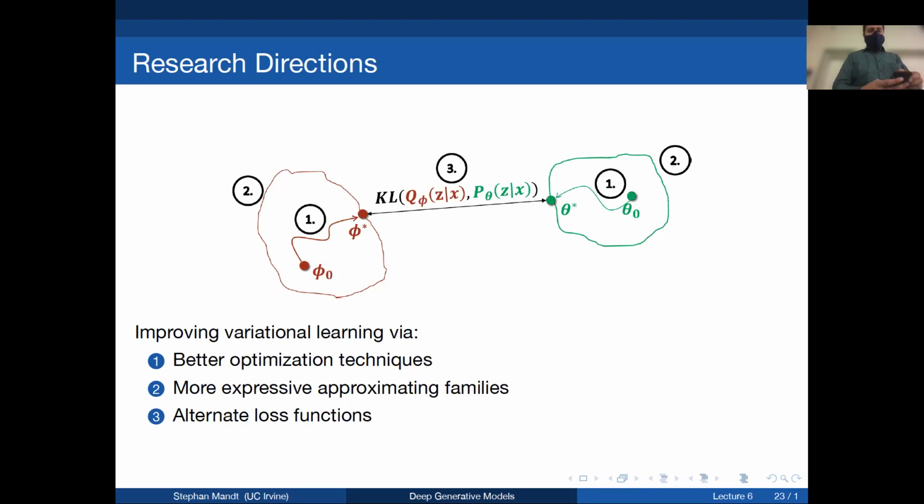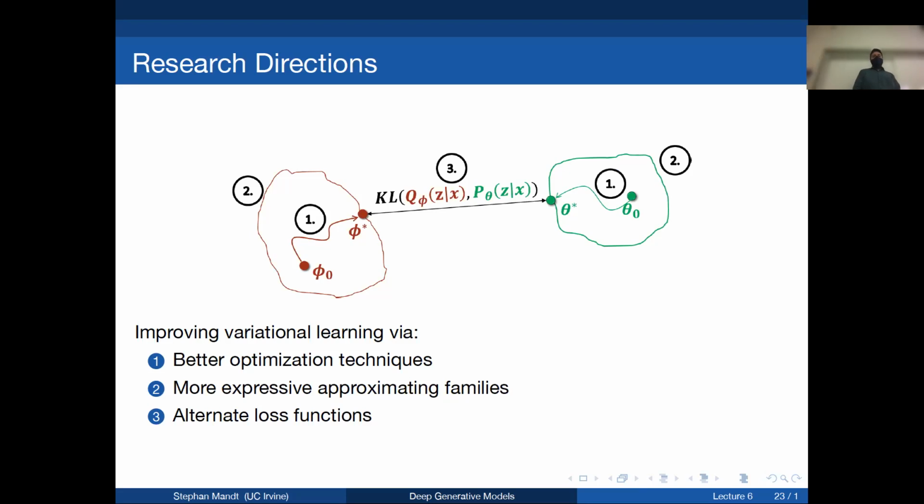Actually, I just want to briefly survey a couple of ideas in the next few minutes, and I promise to be quick. Just talking a little bit about research directions that are still interesting. So what are the ways in which you can improve variational autoencoders and variational inference in general?